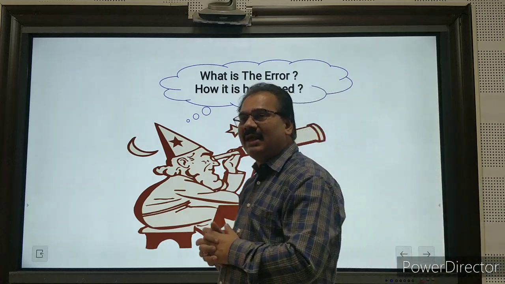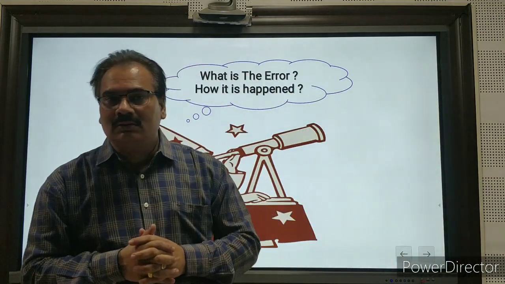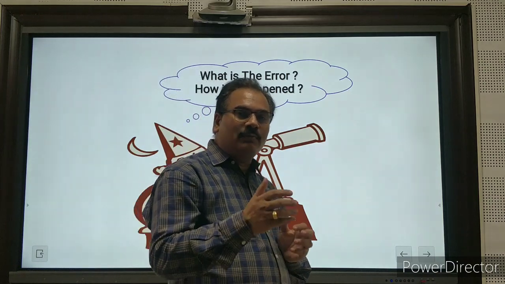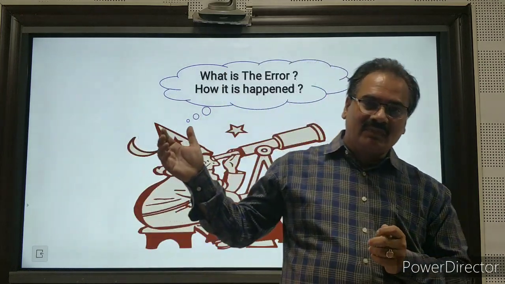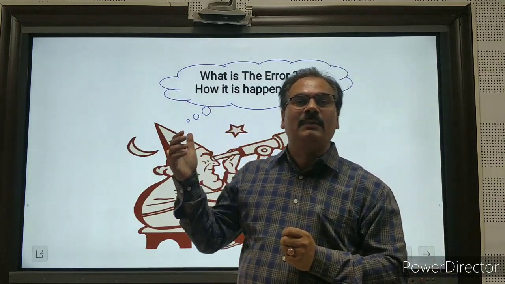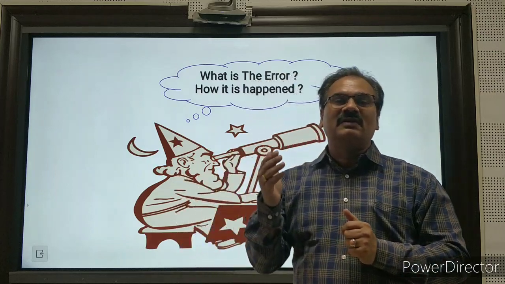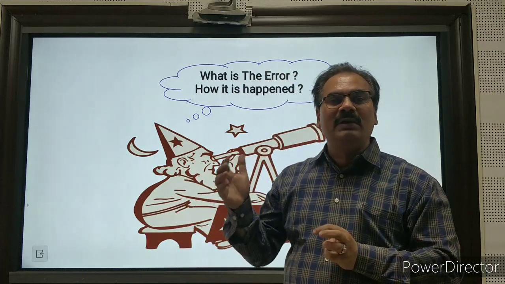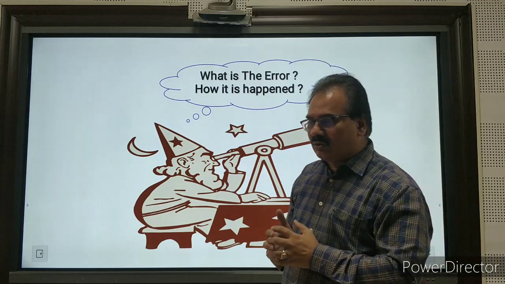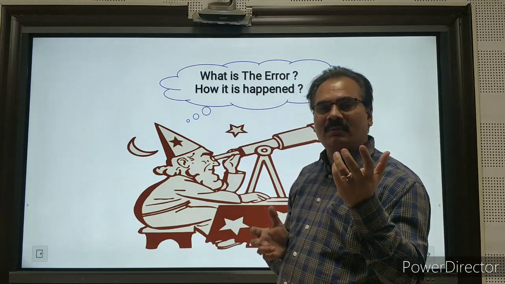But if I say 1 by 3, then the value may be 0.333, or if I say 11 by 3, then the value will also be repeated. So you get non-terminating repeated numbers.